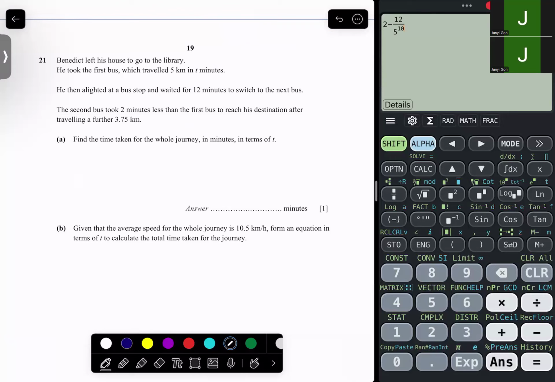Find the time taken for the whole journey in terms of T. T plus 12, and 2 minutes less, so T minus 2. So we have T plus T minus 2 plus 12 equals 2T plus 10.